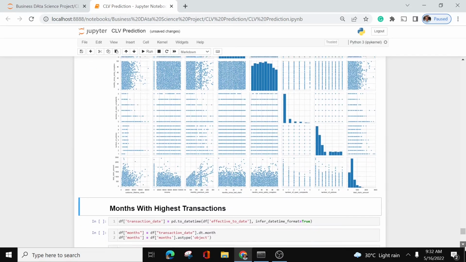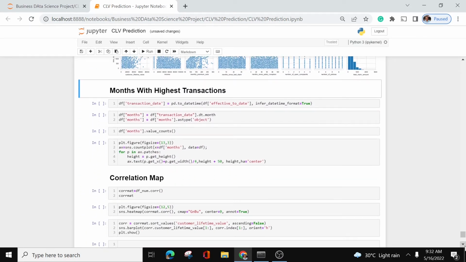Now, this time, we're going to identify in which months we have the highest transactions. First, we create another feature, which is transaction date. Let's execute this. Then we also create another feature, which is months.